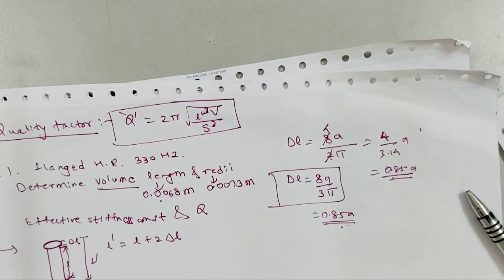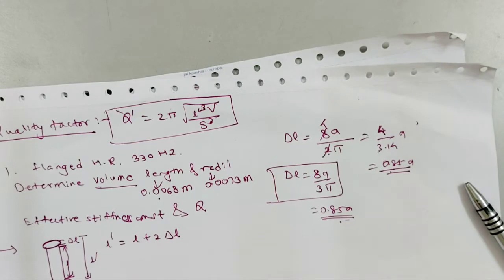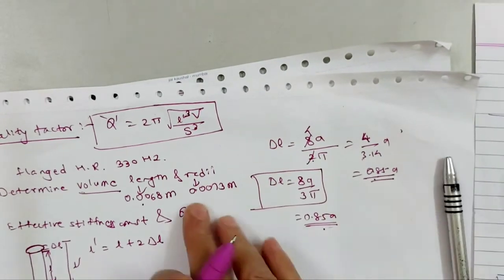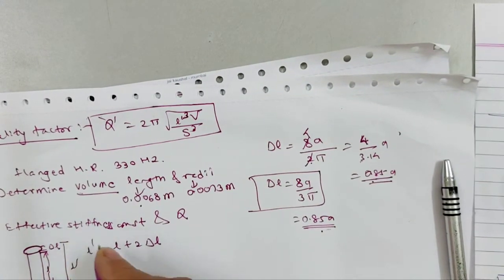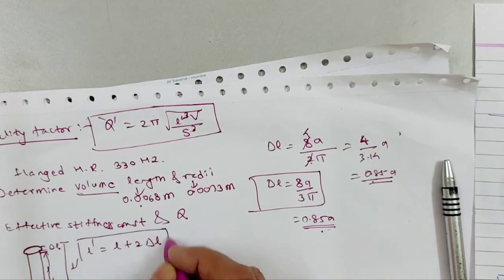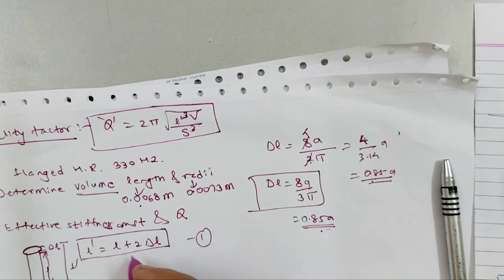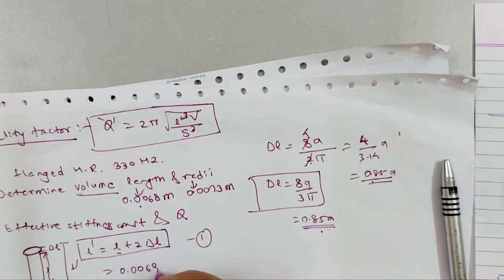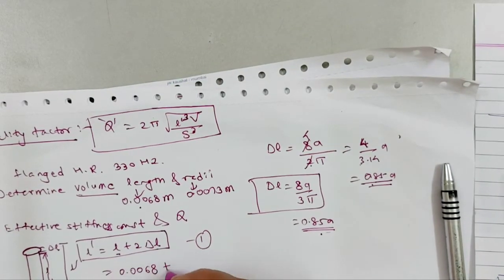Okay. Now next job is what? Next job is to substitute the values over here in my expression number one. So we can say L is 0.0068, plus twice ΔL.